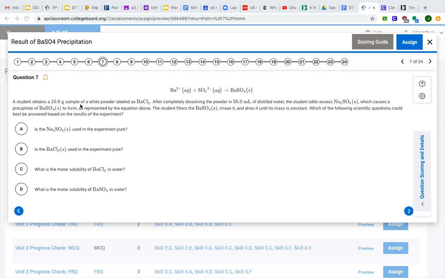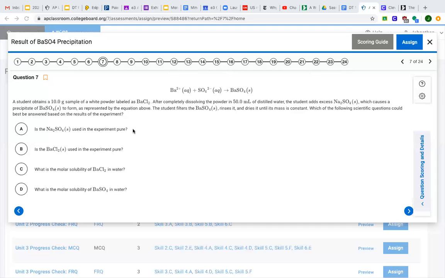But at this point, we haven't overwhelmed the solution capacity of the water, so no. The water can still dissolve the barium chloride, so we don't know what the molar solubility is, but B ends up being correct, and I had to really think through and visualize this.